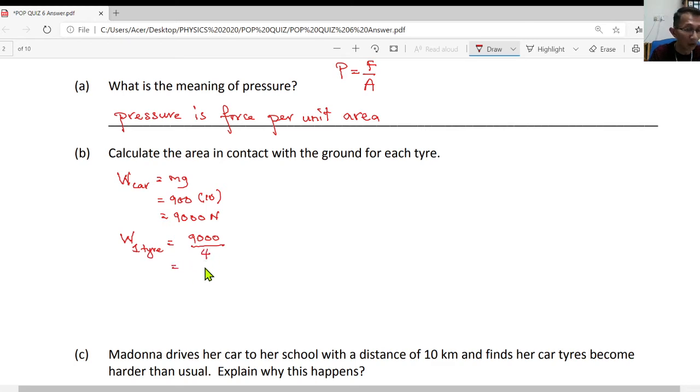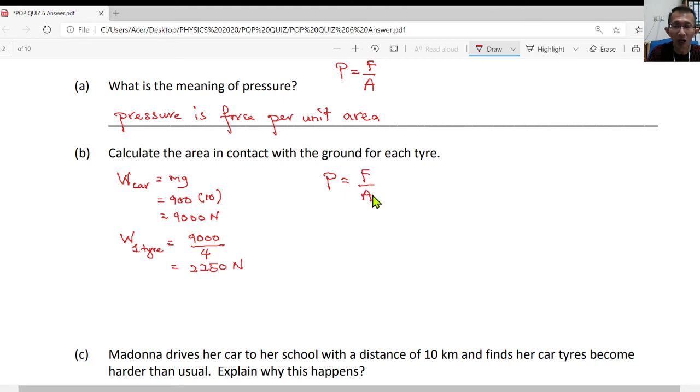Here you will get 2,250 Newton. So this is the weight to be withstood by one tire. You have 4 tires, so the total weight will be 9,000 Newton. Do you follow me? This is the weight that needs to be withstood by one tire. So one tire will hold 2,250 Newton.